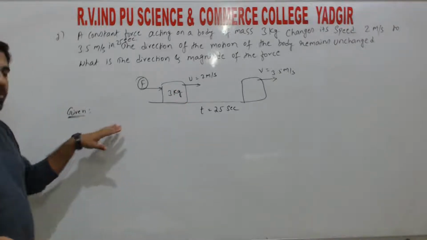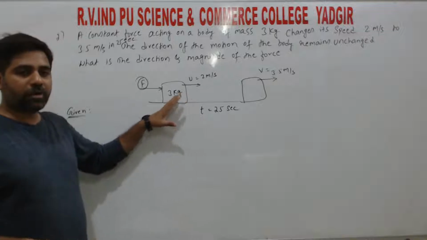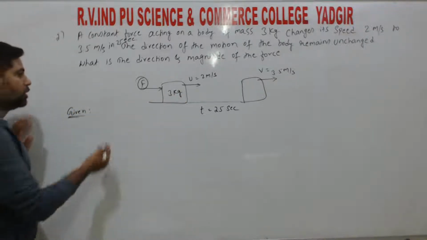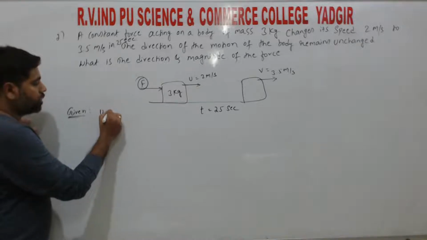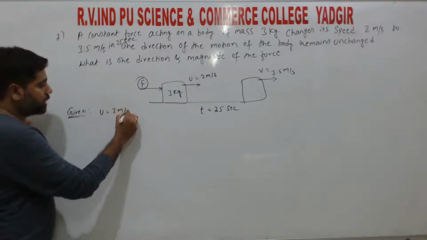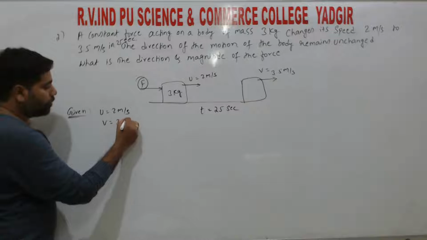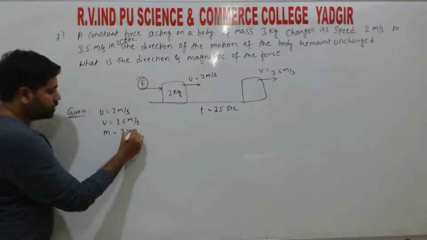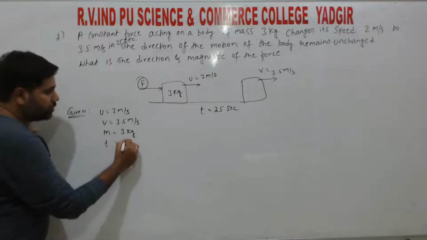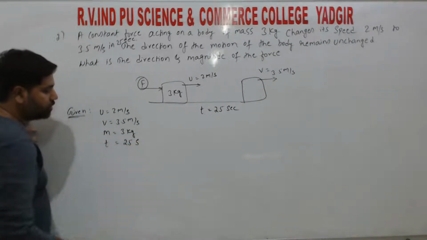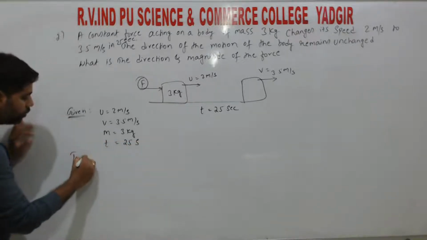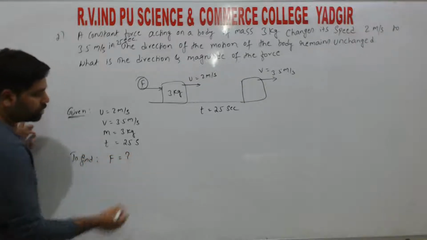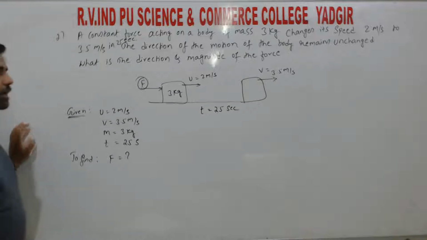Three important steps, but in competitive exams there is no necessity to write the given data. So given u is equal to 2 meter per second, v is equal to 3.5 meter per second, mass 3 kg, time t equal to 25 seconds. We want to find the force acting on the object.